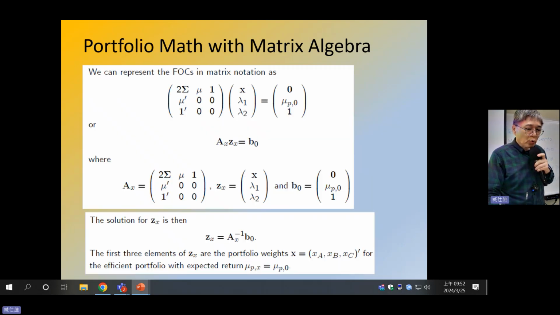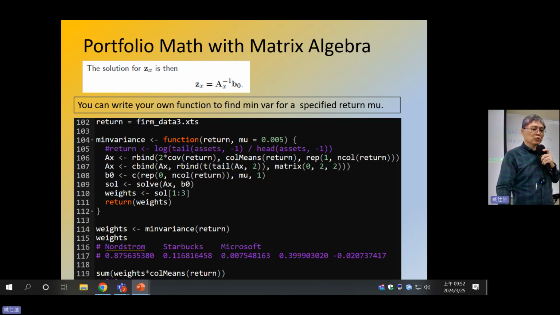Now what we are doing here is to calculate the minimum variance portfolio. I just create a function, but you don't really need to create a function. You can just focus on the inner part here. I create the AX matrix. I also create a B0.